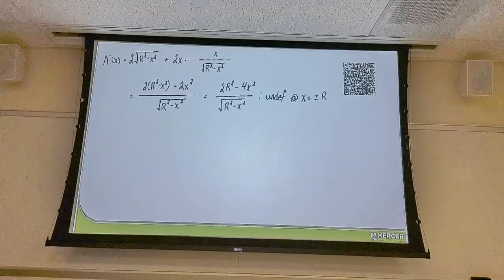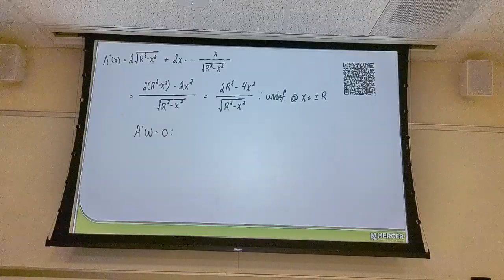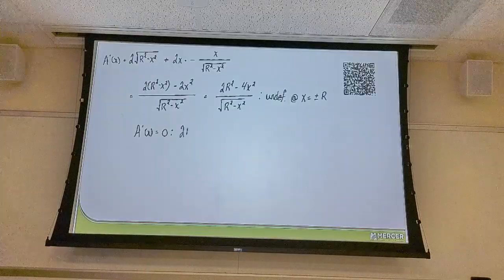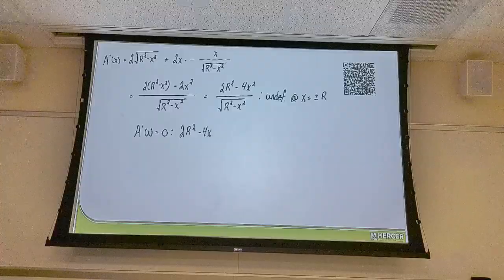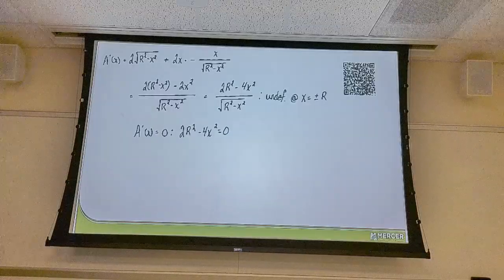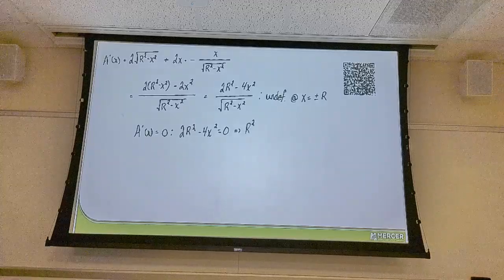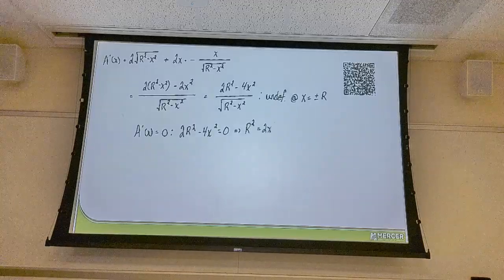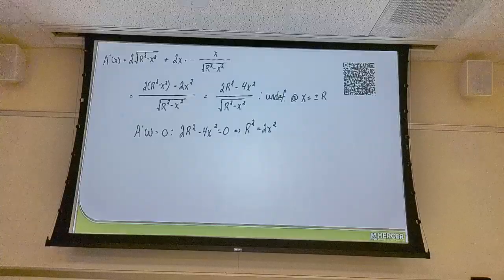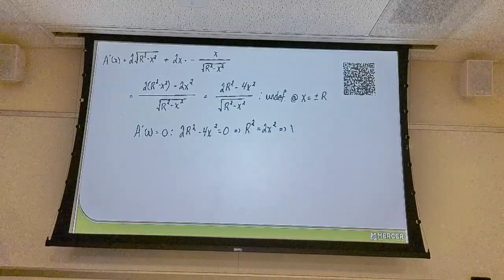So now just set it equal to 0, right? That'll give us, which is the same as r squared being equal to 2x squared, right? So what is x?